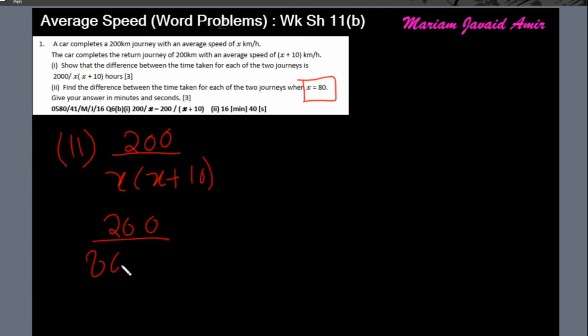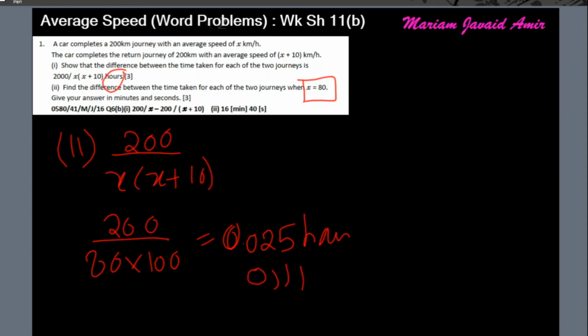We'll get 80 times 100 in the denominator, and this becomes 200 over 8000, which becomes 0.025 hours, since this was in hours. So we need to give the answer in minutes and seconds, so you need to press this key in the calculator and it'll give you 0, 1 and 30, which means 0 hours, 1 minute, 30 seconds.